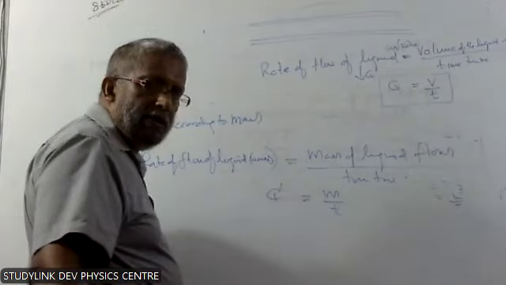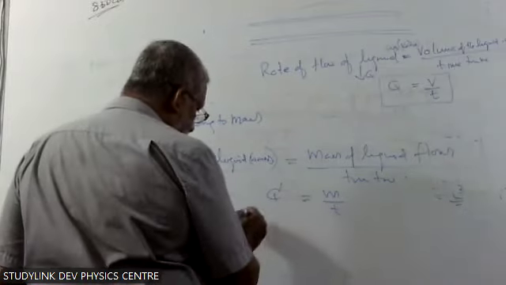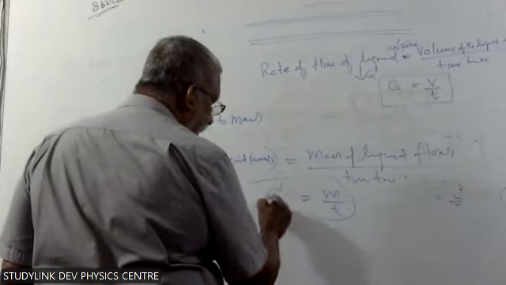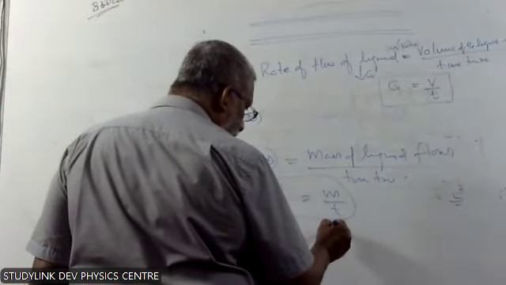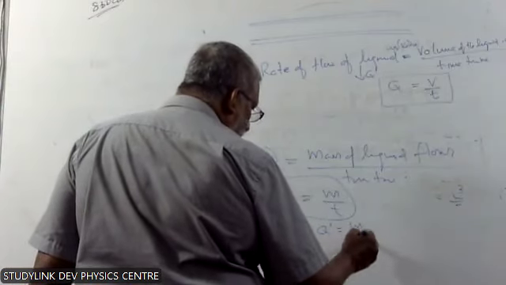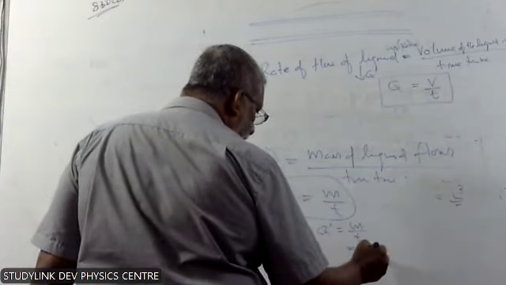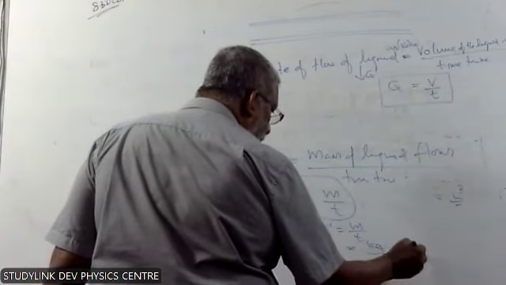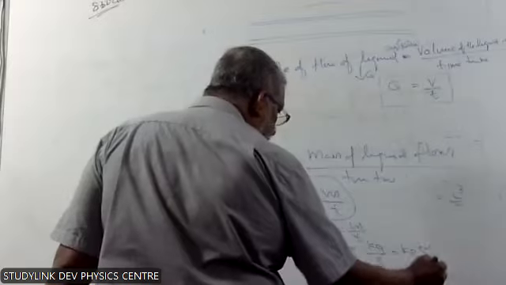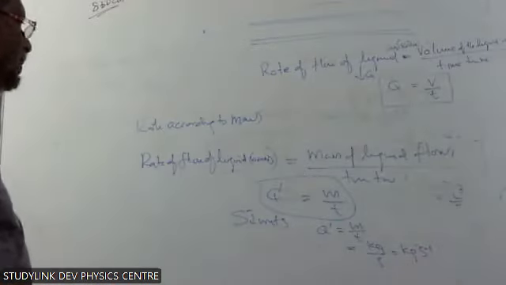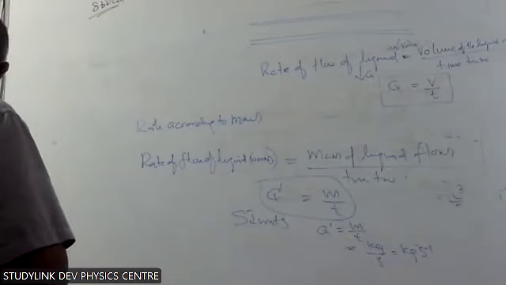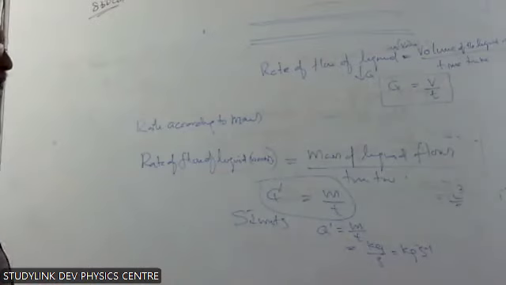Then we can consider SI units: Q dash is equal to M over T. Mass is in kilogram, time is in second, so kilogram per second. This does not involve the Poiseuille equation.